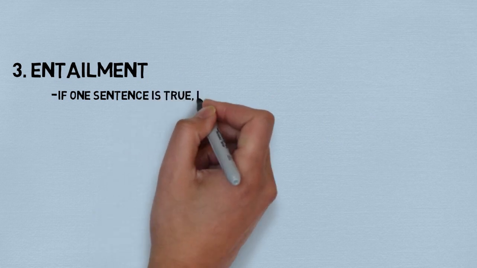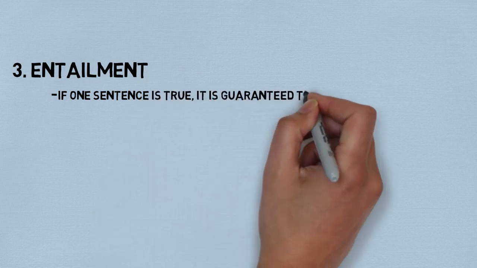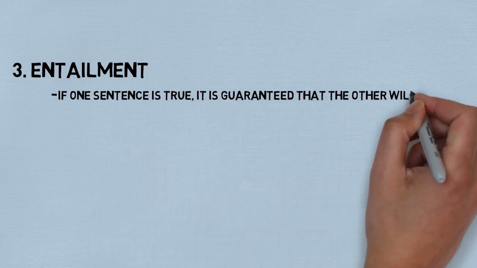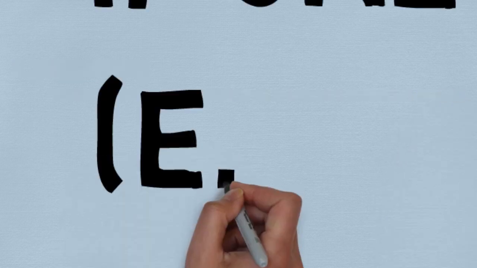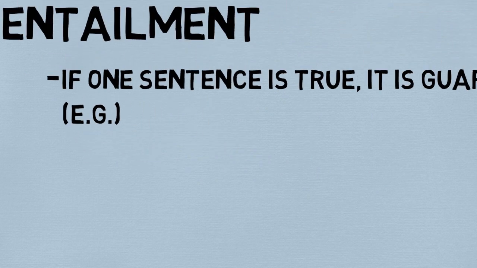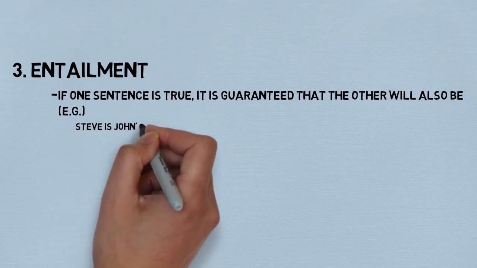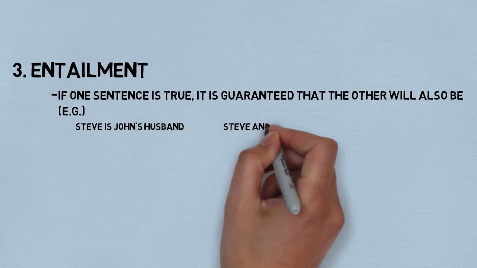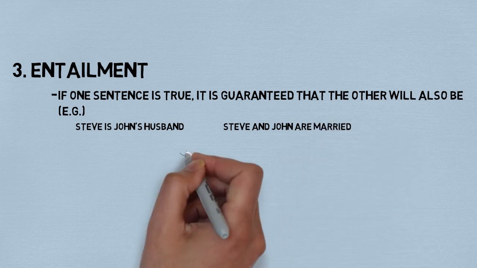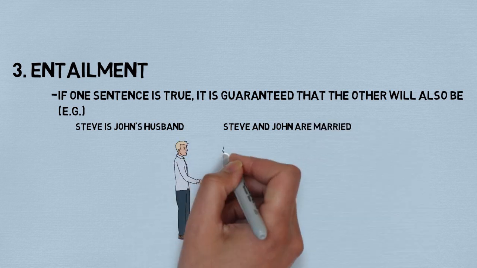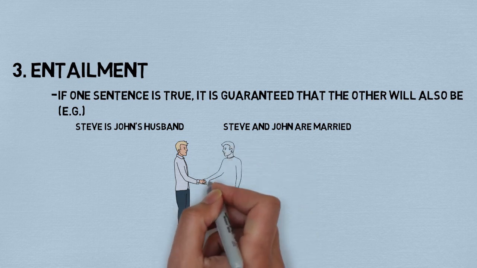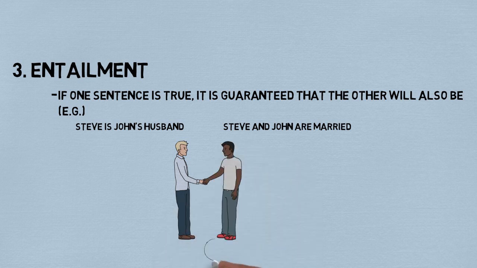Entailment is the relationship where one sentence being true guarantees that the other sentence is true. Steve is John's husband, and Steve and John are married is an example of entailment because if Steve is John's husband, it is necessarily the case that John and Steve are married.